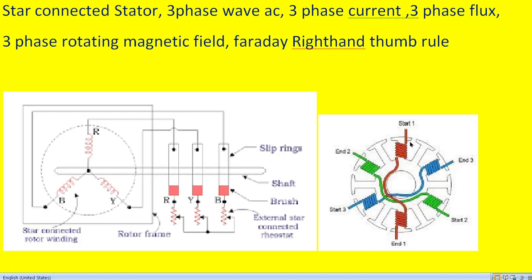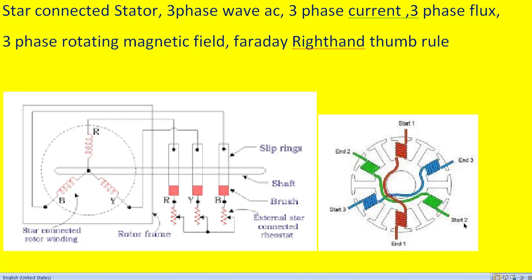So look at this. This is the R phase. This is the starting end wound on this stator like this. And then that winding goes to the opposite side like this, and then it is wound and comes out. Similarly, this is the B phase and this is the starting point. So it will be wound like this, goes like this and is wound here, and then it comes out like this.